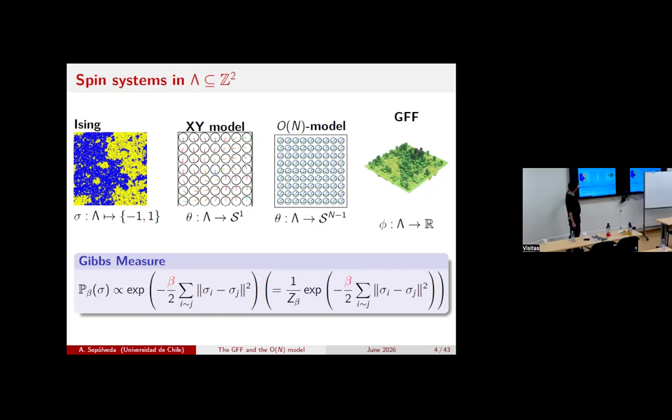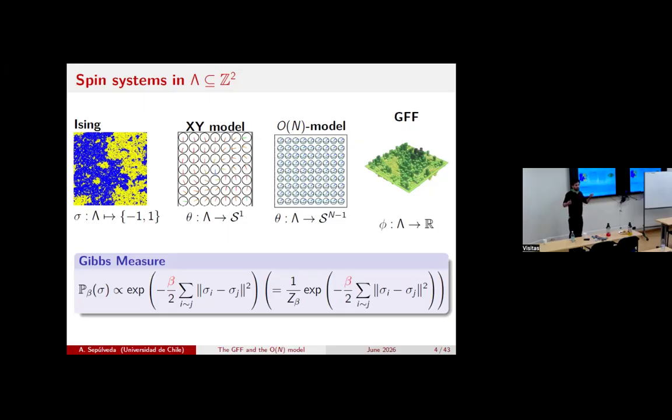What's the probability of a given configuration in all of these models at the same time? Let's think about the Ising model, for example. The probability of a given configuration is proportional to the exponential of minus beta over 2 times the energy. And beta plays the role of the interplay between energy and entropy. The higher beta is, the lower the temperature, meaning that the energy has more weight.